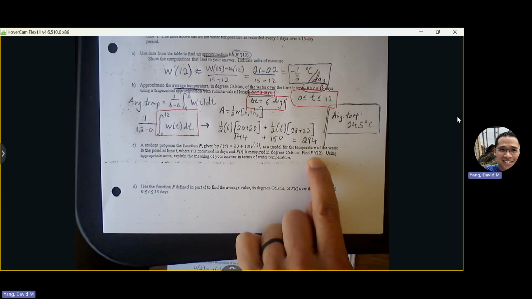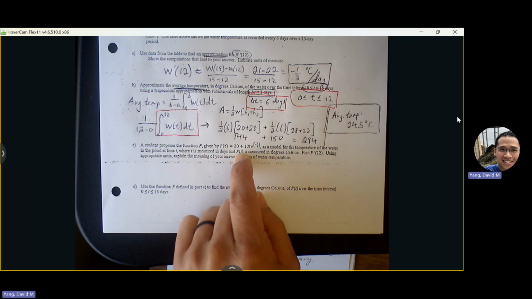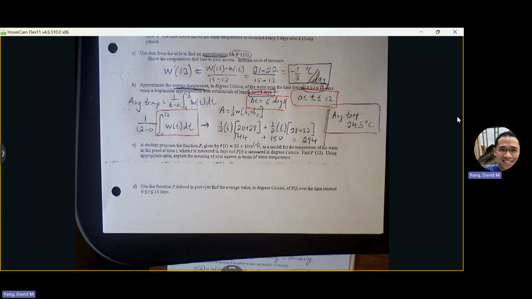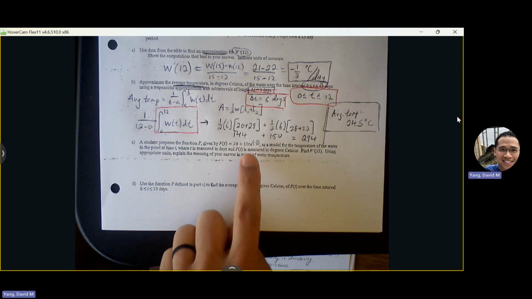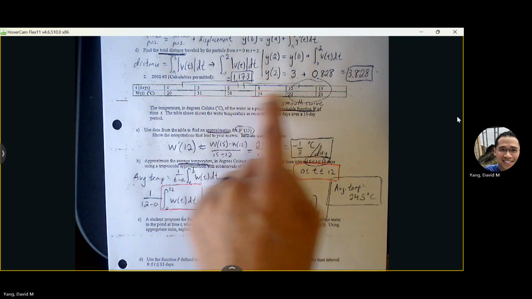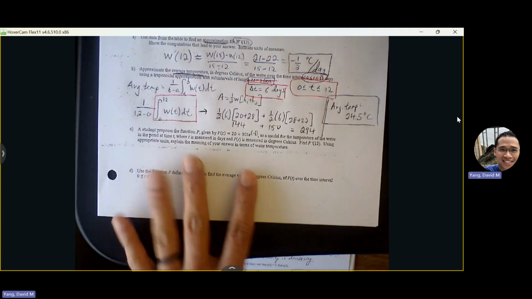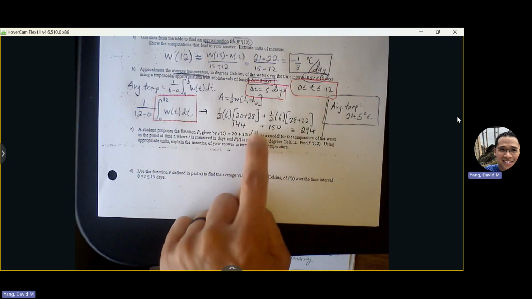So now we're going to find the exact rate of change at 12, because now we have something that is not just every 3 days. Now this is supposedly every moment, not only whole days, but also 1.2 days, or any value between 0 and 15. So we're going to make the calculator find the derivative for us.